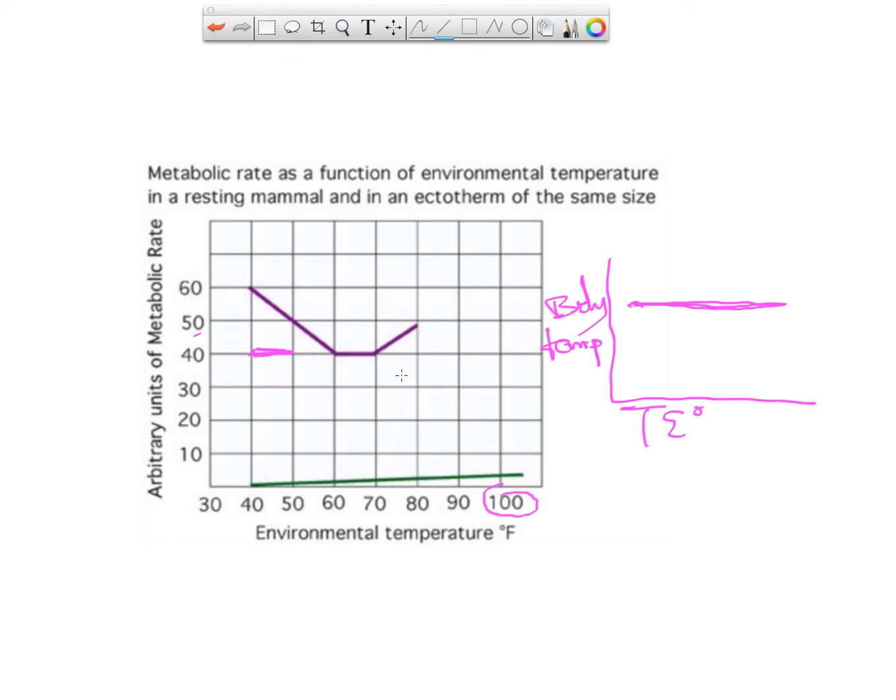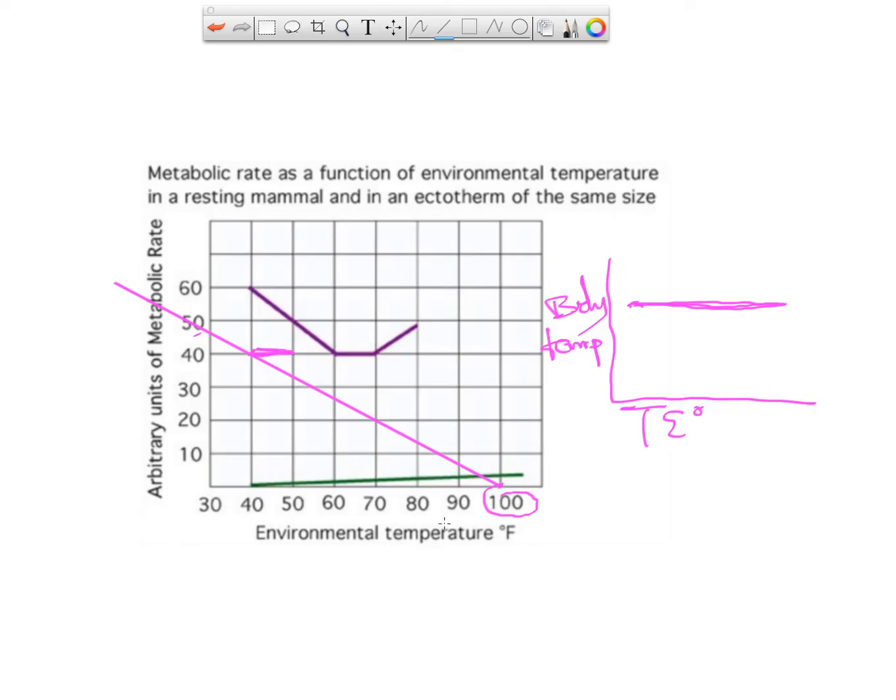And to what extent that is, I can figure out by saying they're still going to be 100 degrees. This is going to be their new lower critical temperature, this new thermoneutral range, but same basal metabolic rate. I can extrapolate back to find out what their new cost of staying warm is going to be. And so, oh man, I'm off the graph. That's going to be a hard thing to go down and over.